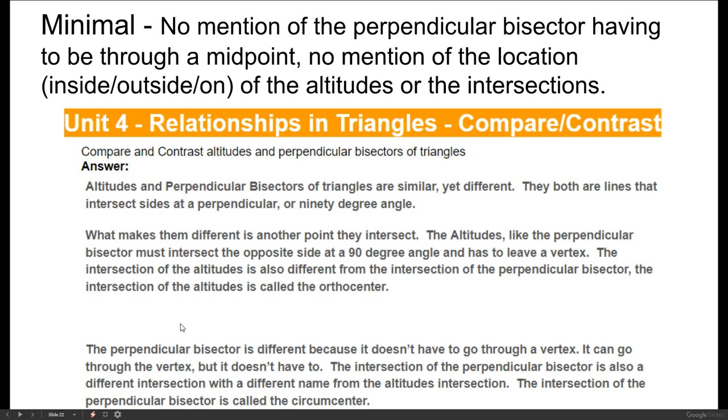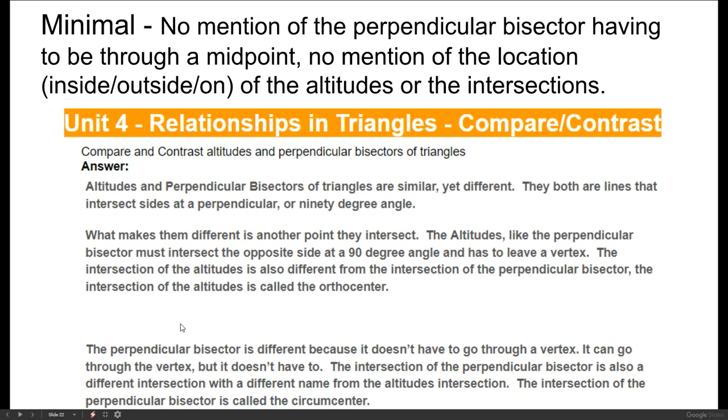The intersection of the altitudes is also called the orthocenter." Okay? "The perpendicular bisector is different because it doesn't have to go through a vertex. It can go through a vertex, but doesn't have to. The intersection of the perpendicular bisector is also a different intersection with a different name from the altitudes' intersection. The intersection of the perpendicular bisector is called the circumcenter."